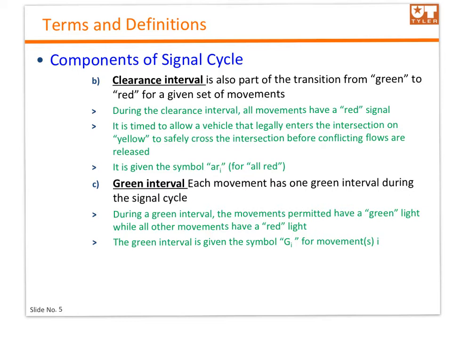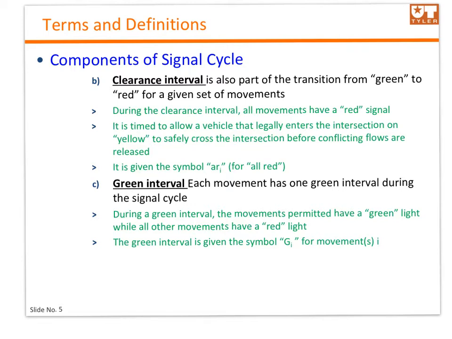Another type of interval in a signal cycle is the clearance interval. The clearance interval is also part of the transition from green to red for a given set of movements, and during the clearance interval all the movements have a red signal. So all the movements across the intersection are red, or we call it all red.